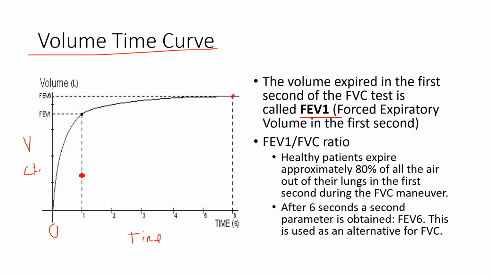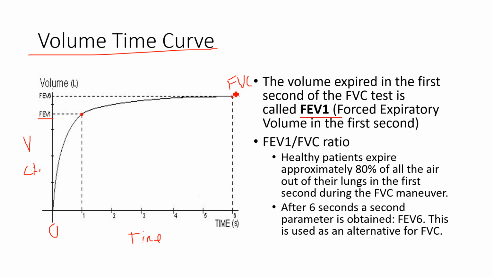So on the volume time curve, we can look at the volume they breathed out, or expired, at 1 second, which is the FEV1, compared to FVC. You might see this at FVC 6. Again, most people should be getting to FVC at 6 seconds if they gave us a good test.